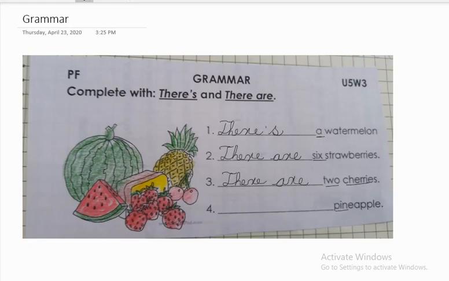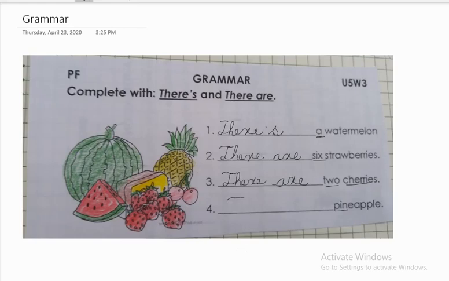And finally, we have a pineapple here. So it doesn't have any plural. If we had a plural here, like the s at the end of the word, it could be with there are. But in this case, it's a singular word. So the right way to do it is writing there is.